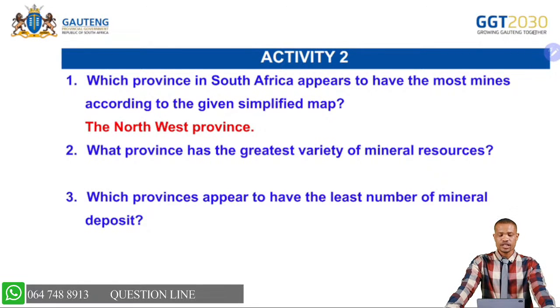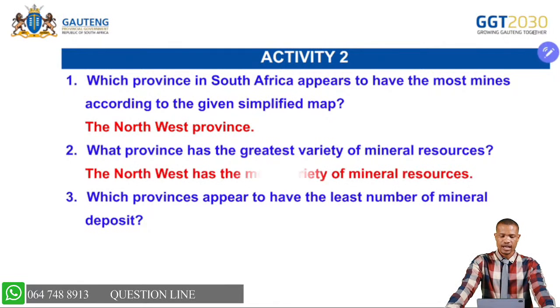So the first question, the Northwest, based on the map, appears to have the most number of mines compared to the other provinces. What province has the greatest variety of mineral resources? It has to be the Northwest again. Which province appears to have the least number of mineral resources or mineral deposits?